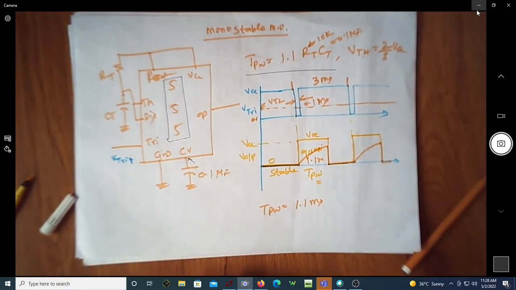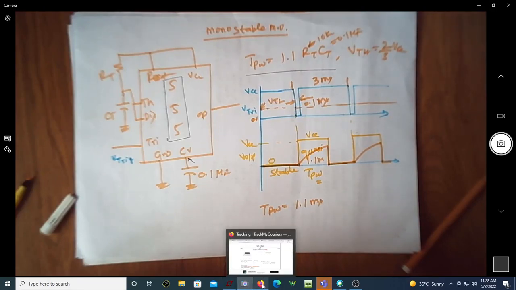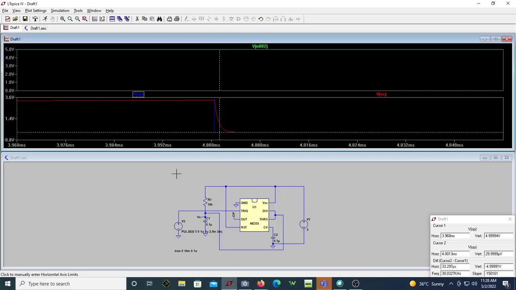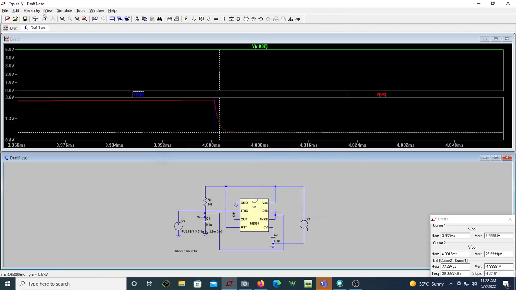Let us see what happens if I don't make my trigger voltage go below VTL. Let me go to this waveform and have an initial voltage of 3 volts.